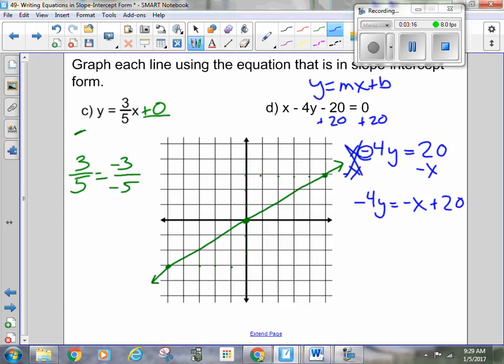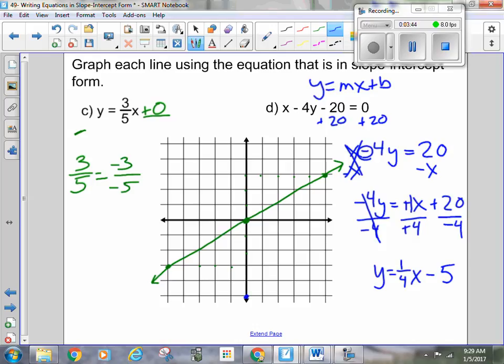I want my x to come first because it does in slope-intercept form. And now I'm going to divide everything by negative 4. So I get y equals, this is a negative 1 there. So negative by a negative, that turns into a positive 1/4. And then 20 divided by negative 4, we get negative 5. Okay, so my y-intercept is negative 5, so down 5.